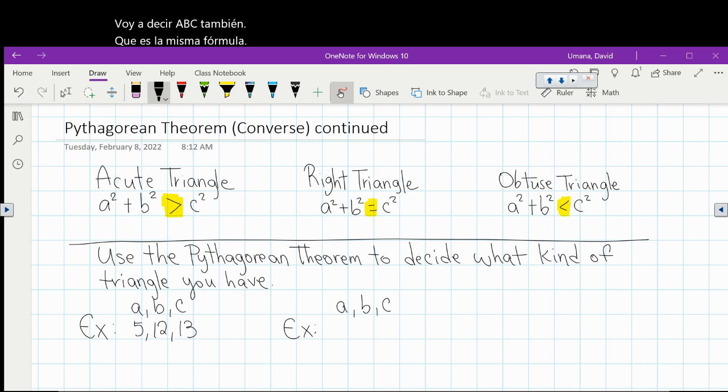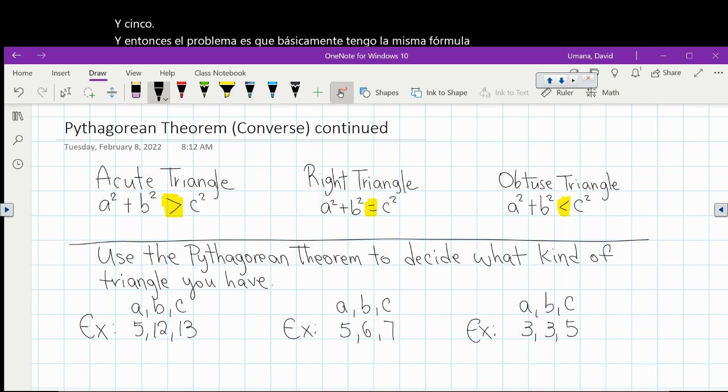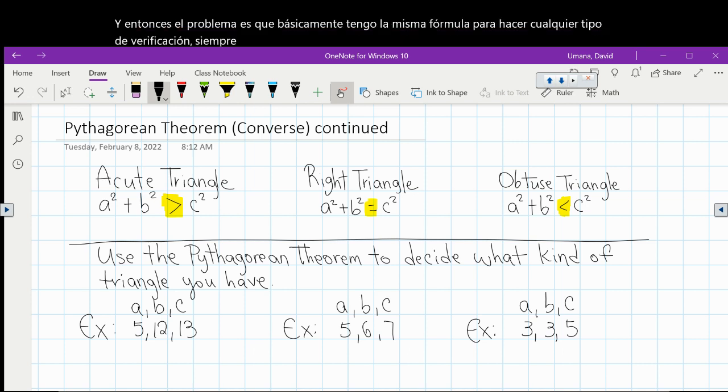And this time I'll say that it's 5, 6, and 7. And then the third example is still ABC. And there'll be 3, 3, and 5. And so the issue is that I basically have the same formula. In order to do any kind of check, I would always start with the original one here in the middle, and then basically use that to decide which one's which.